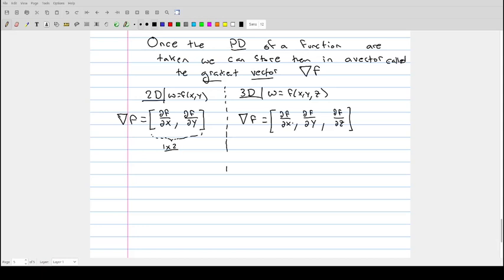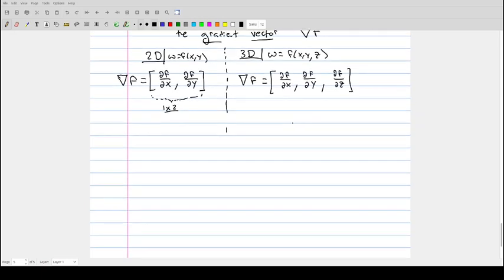But the reason that we call it a field is that at every given point we have a different value for the partial derivatives. So the partial derivatives in general are functions of position, of space. So the gradient is also a function of position. At any given point, this gradient vector is changing. Because of that, we call it a gradient field.